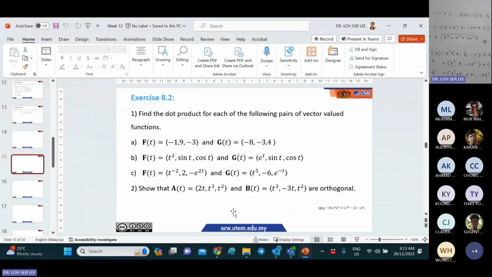Okay. Exercise 8.2. Find the dot product.